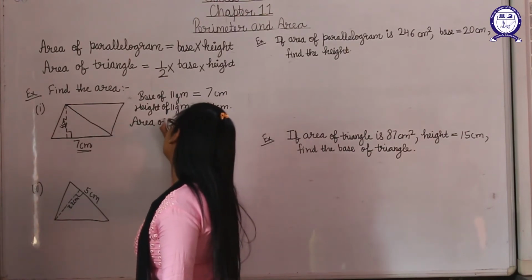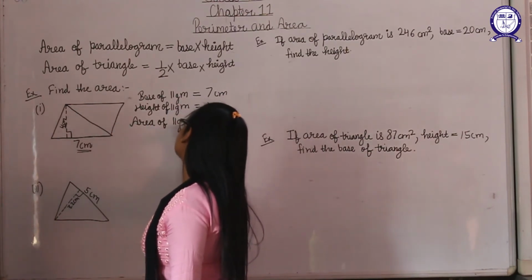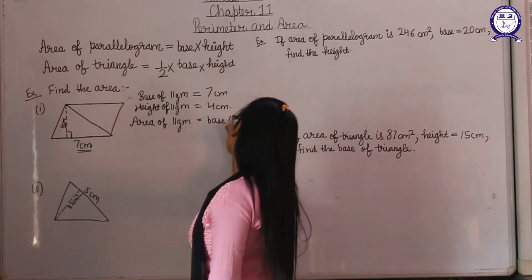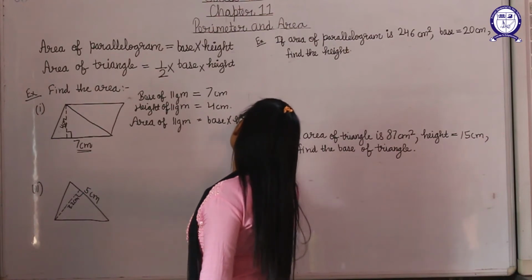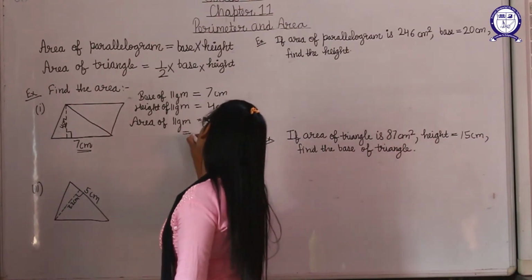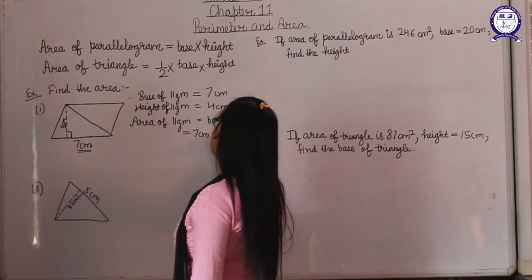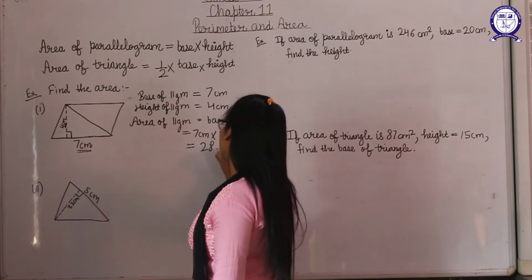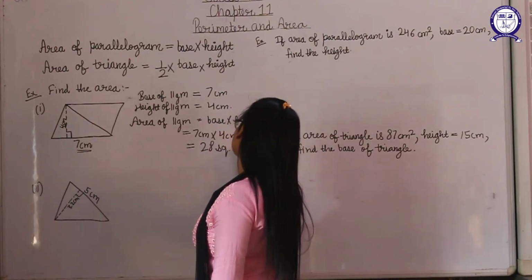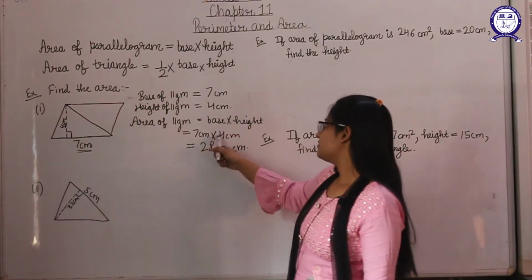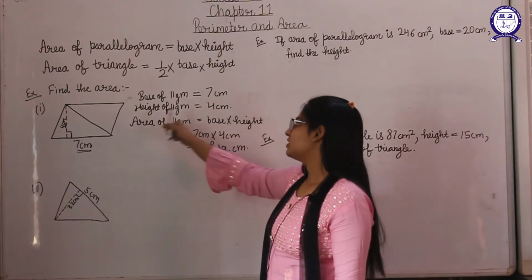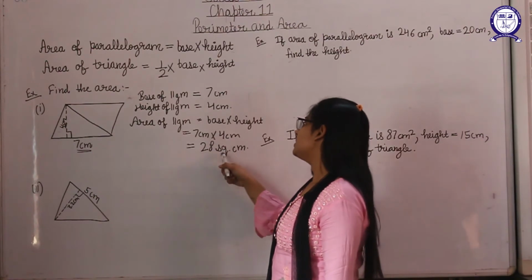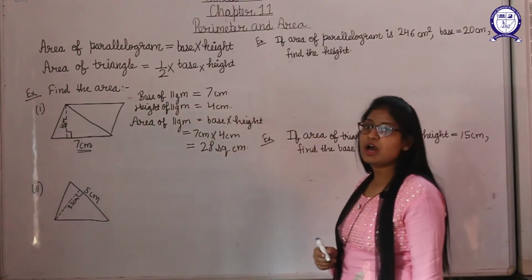So area of parallelogram. What is the formula, students? Base multiplied by height. What is the base? Base is 7 centimeter. And what is the height? Height is 4 centimeter. So 7 4s will be 28 square centimeter is our answer. As we are finding the area, so square, and measurements are in centimeter, so centimeter. 28 square centimeter will be our answer.